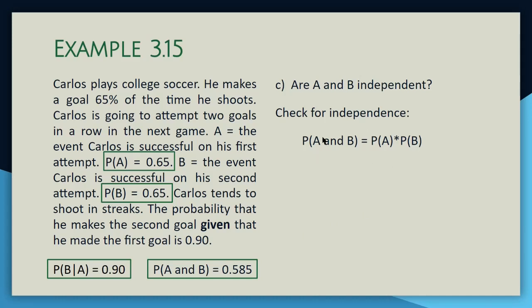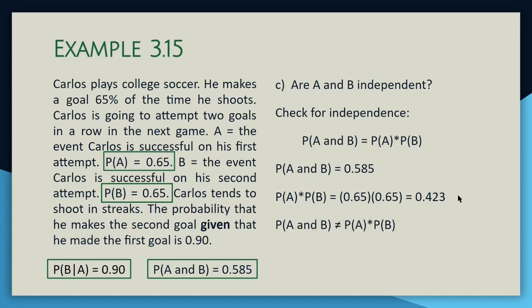But I'm going to check that P(A and B), is it equal to P(A) times P(B)? Well, P(A and B) is 0.585, and P(A) times P(B), 0.65 times 0.65, is 0.423. So no, these are not independent events.